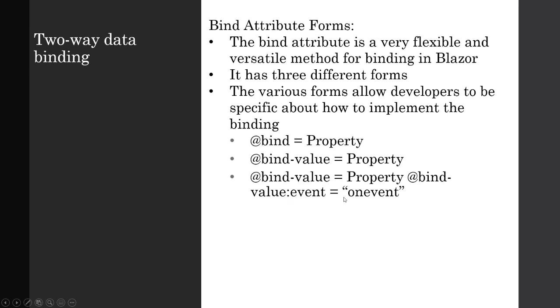If you want to bind a particular property to a particular event, say a click event of a button or the input change event of a text box, then this is to be used. Suppose you are writing in a text area, and whatever you write is visible on the browser as you write.